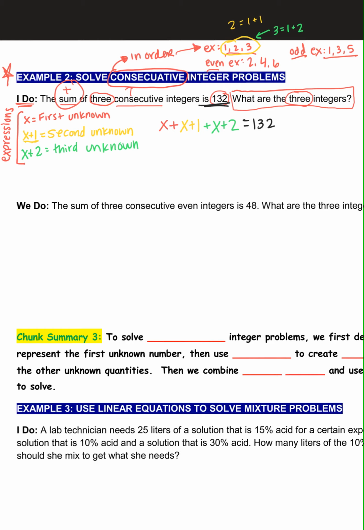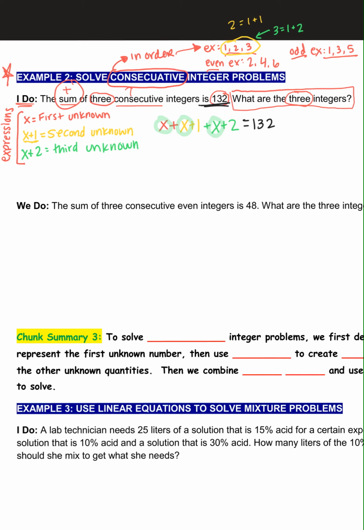Now all I have to do is combine like terms and solve using inverse operations. So going back through, I've lost my highlighters. We're going to combine our like terms. I have x here, an x here, and an x here.